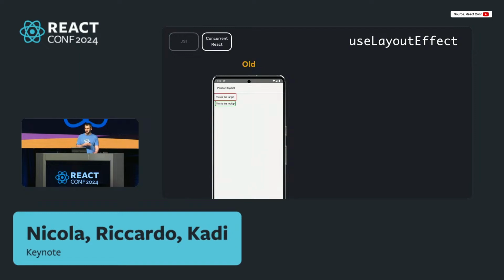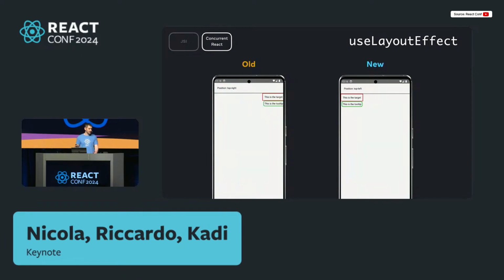One to render the red box and get all the layout information, and the second to use that information to render the tooltip. It's not great, right? With the new architecture and concurrent React APIs, we can use the layout effect and get all this information right before the rendering phase, so we can render everything at the same time, and the result is much better and what probably you were expecting.